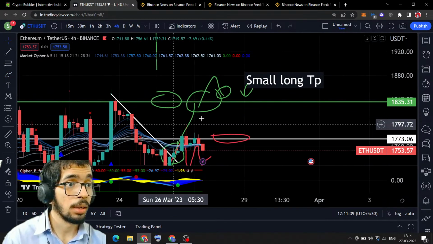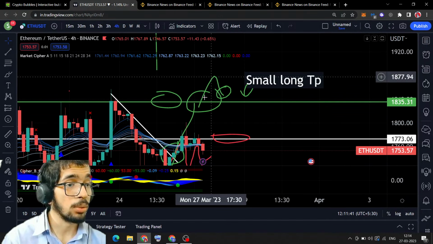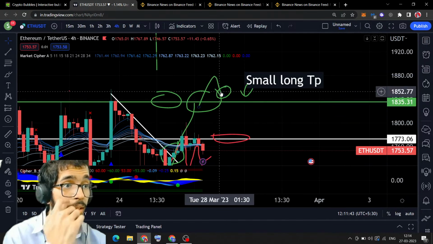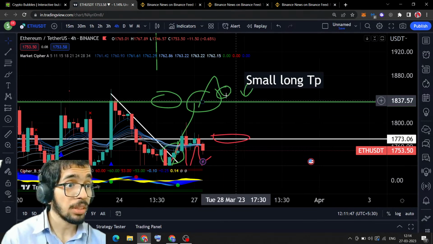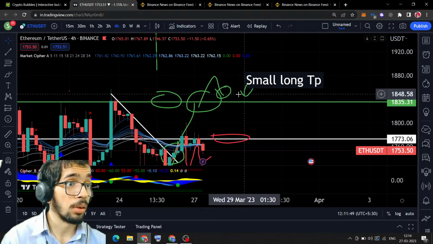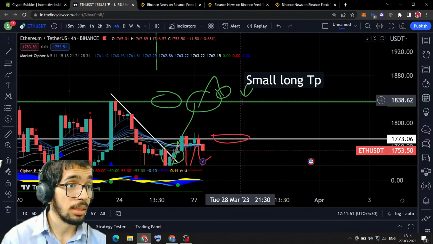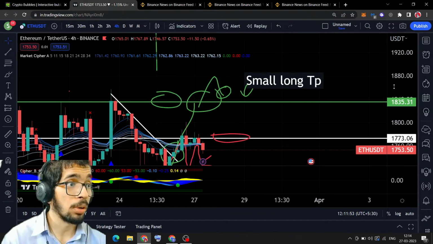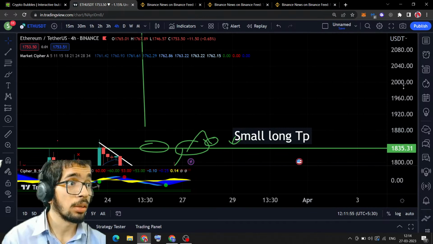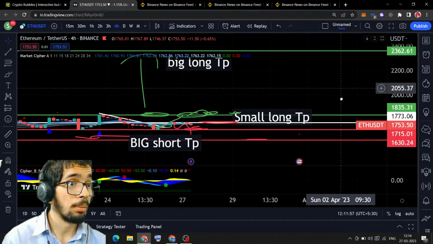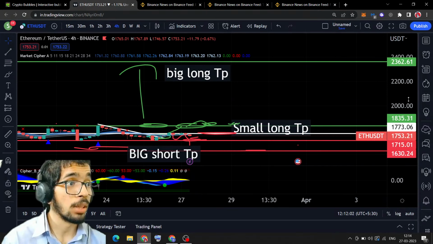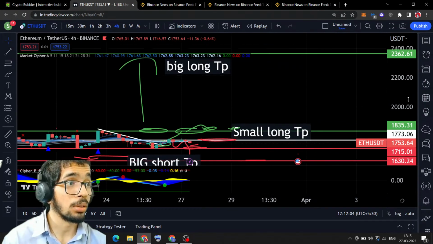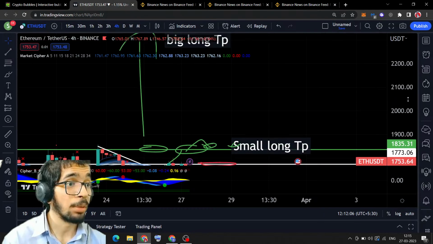And for the long positions, if it breaks this as usual and keeps this as support, you take your long entry here. It's a long entry if it takes this as a support, and then your big long TP is around $2,362, your Ethereum TP.